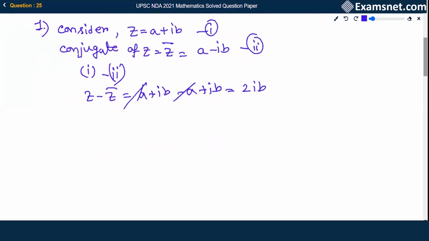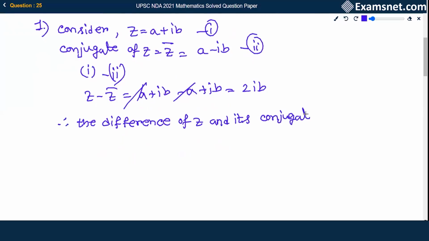Therefore, the difference of z and its conjugate is an imaginary number, correct? So we can conclude that this statement is true.